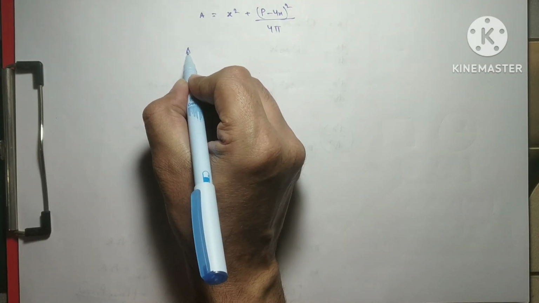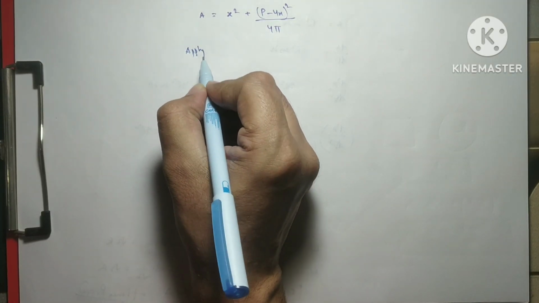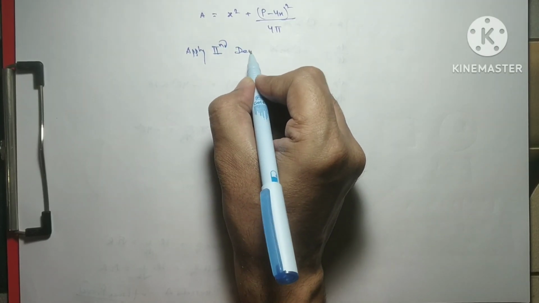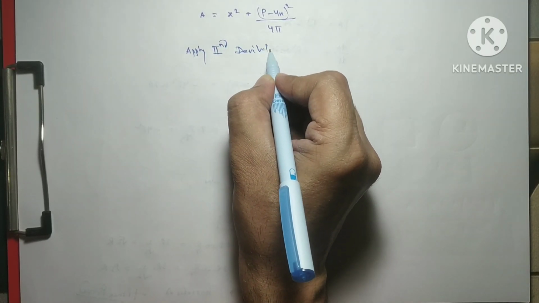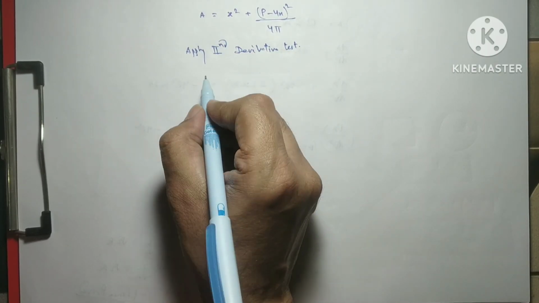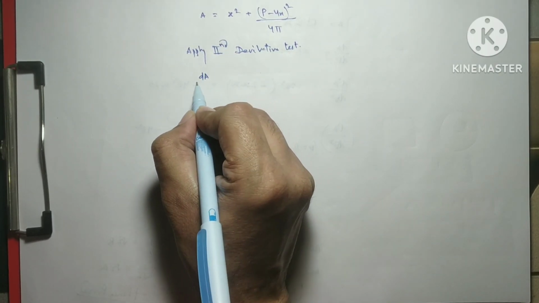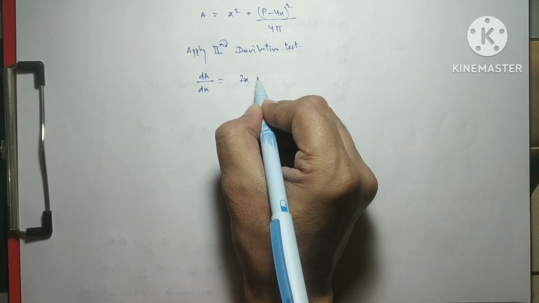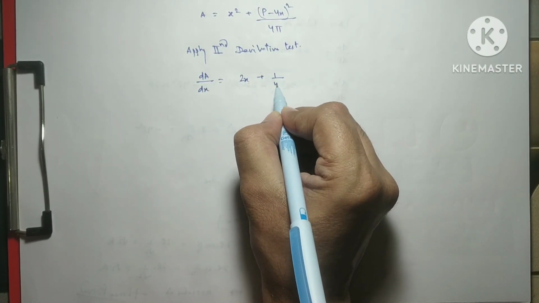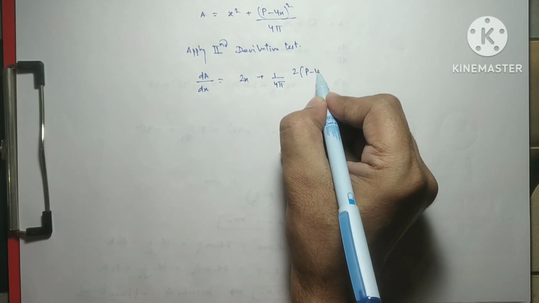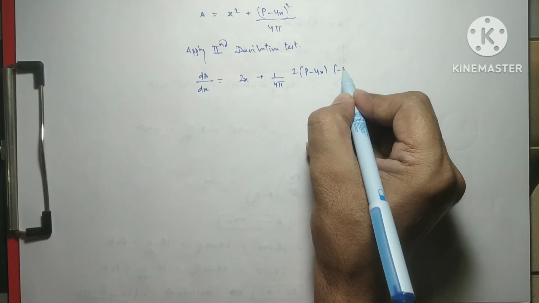Now apply the second derivative test. According to this, first we collect the first derivative with respect to x. So it will be 2x plus 1 over 4 pi as a constant, times twice p minus 4x into minus 4.